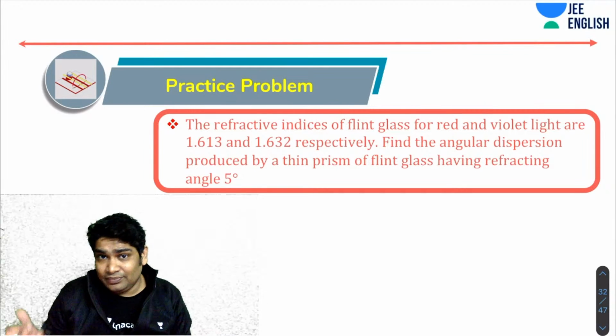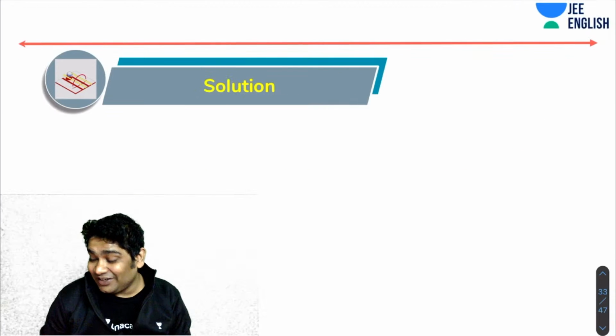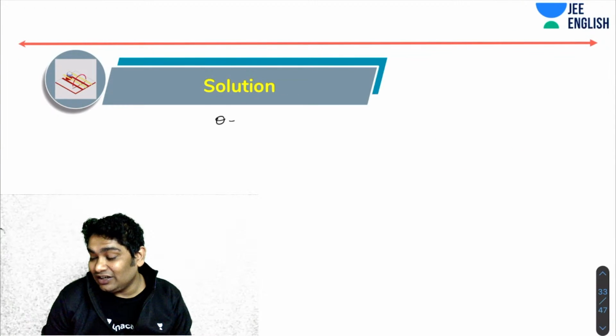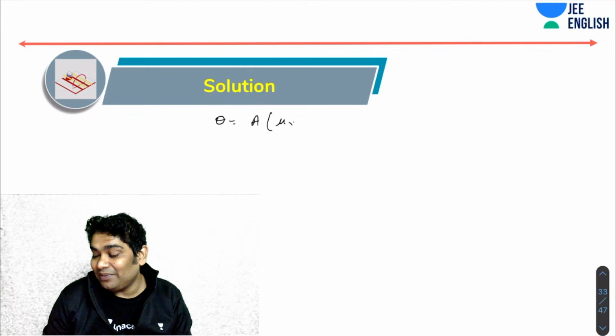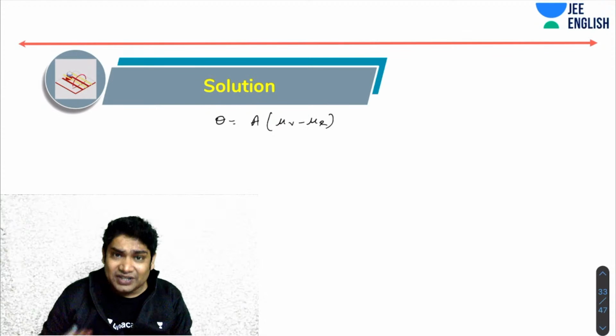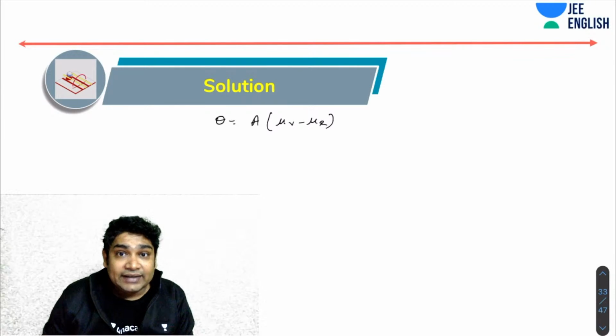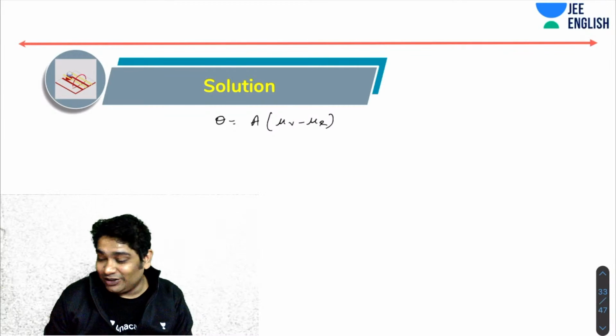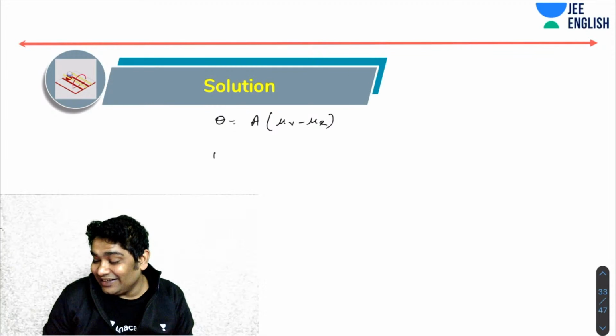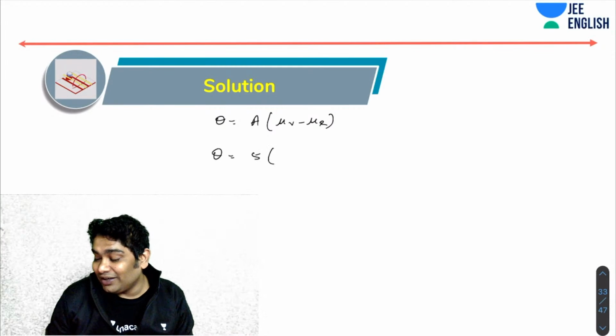Very straightforward formula-based questions on thin prisms. Thin prisms is in fact the easiest topic of ray optics. That is why I left it for the last. There is absolutely nothing that you need to worry about here.